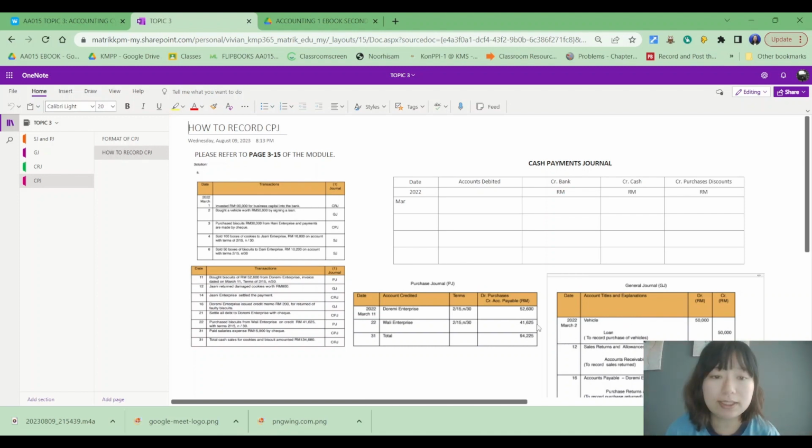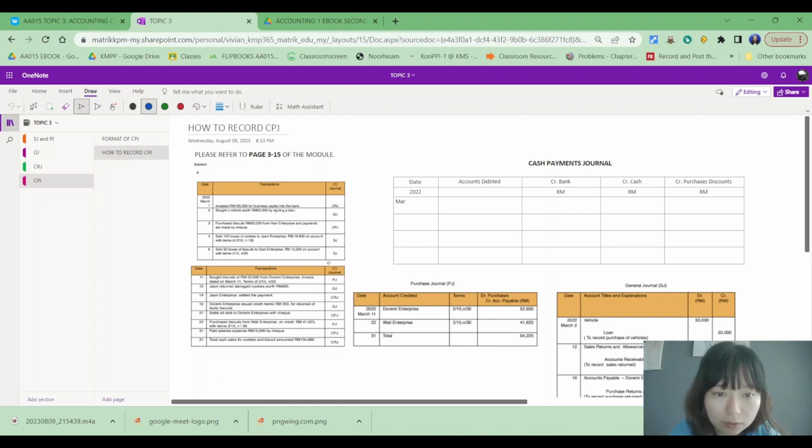Exactly like the process that you have gone through for CRJ, first you need to refer to the table that you have got here. So previously you have determined your journal, so we need to gather all the transactions that belong to CPJ. Okay, so let's have a look.